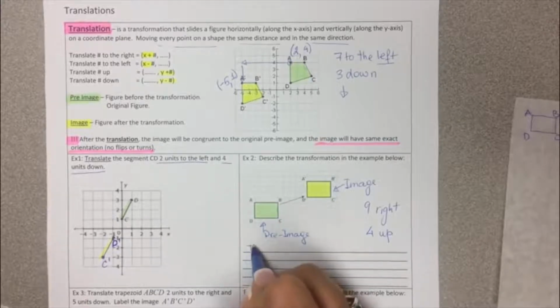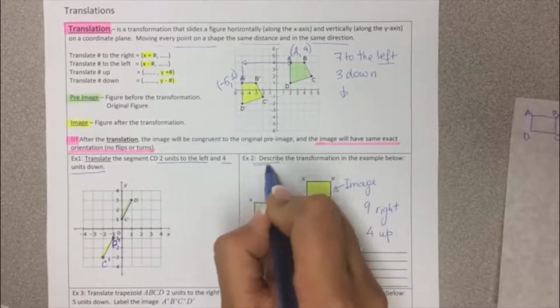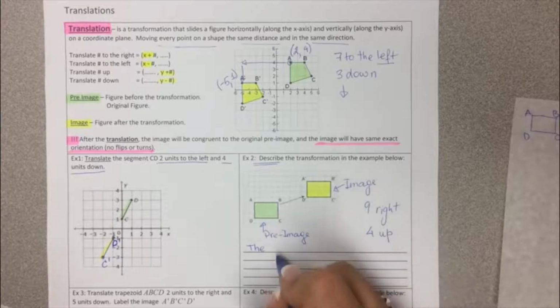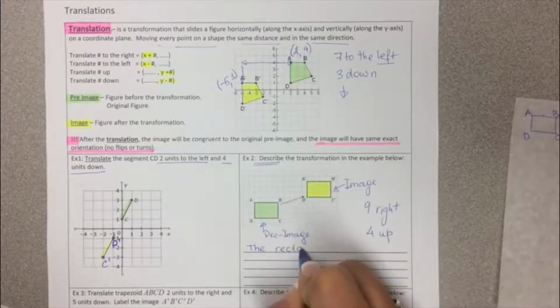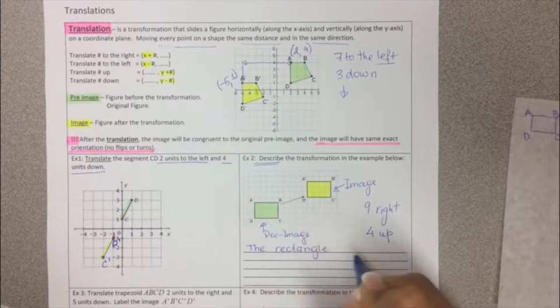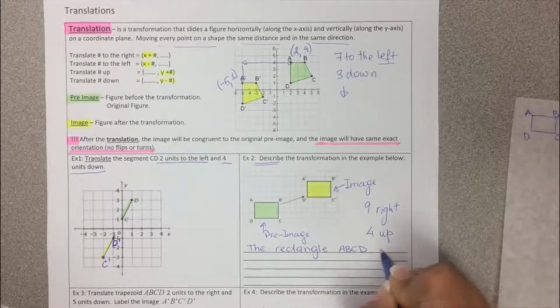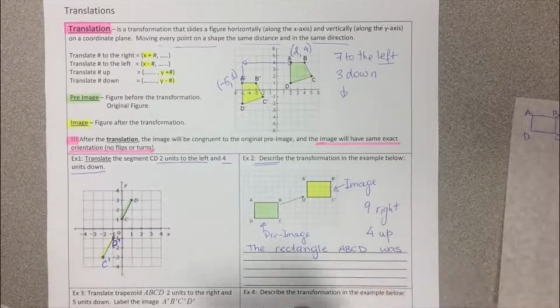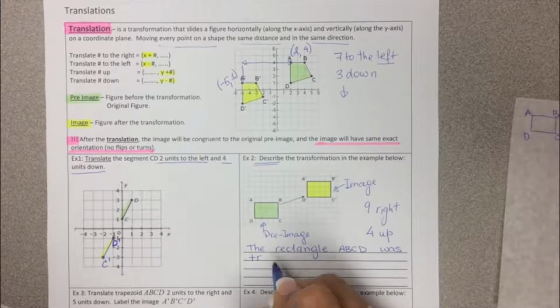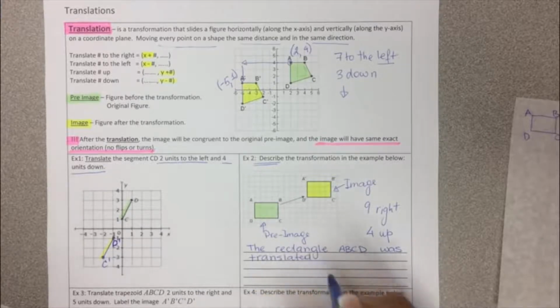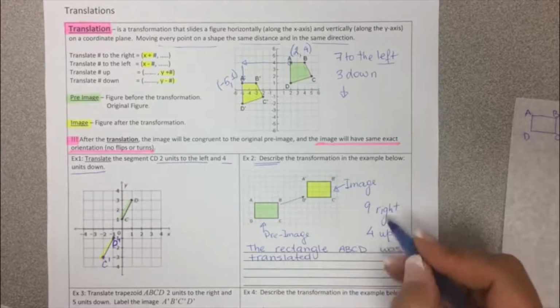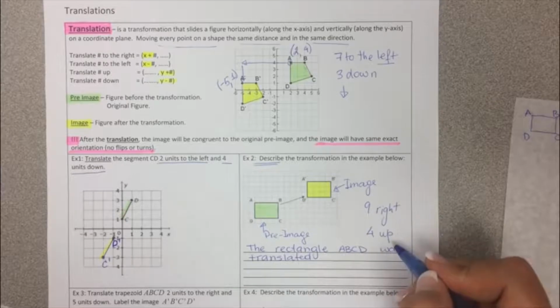So we can say that to describe the transformation, we say that the rectangle ABCD was translated. The transformation is translation, so it was translated 4 units up and 9 units to the right, or you can say 9 units to the right and 4 units up.